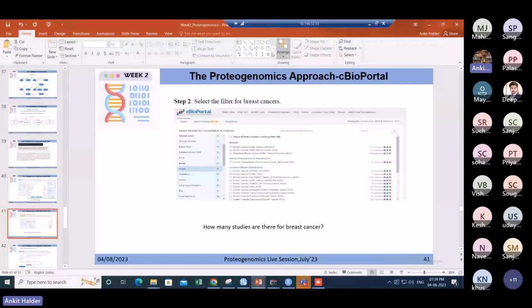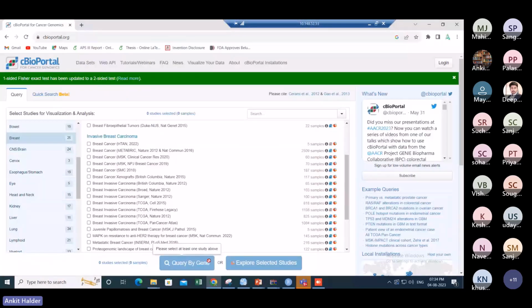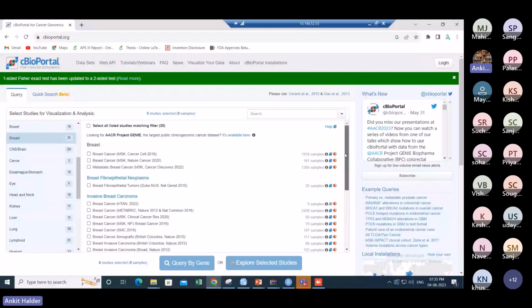We will click those, and then we can see how many studies are related to breast cancer. We can see all the studies listed, around 25 studies for breast cancer itself.